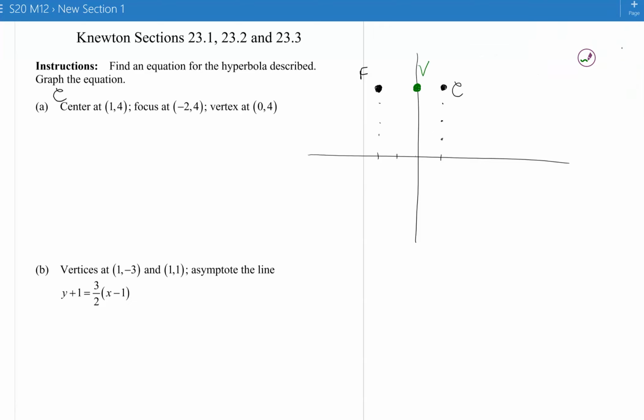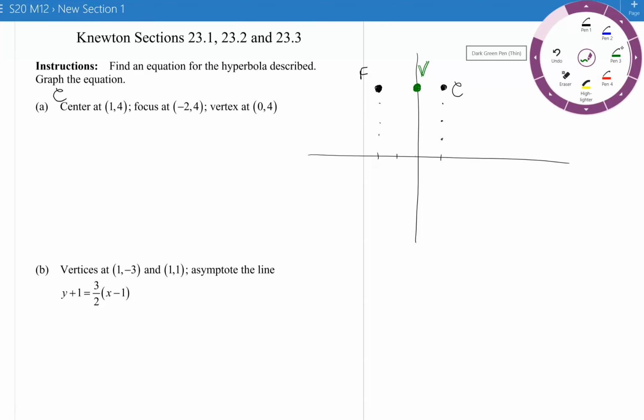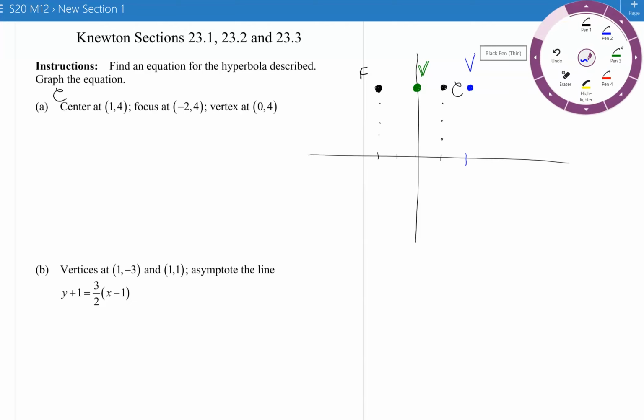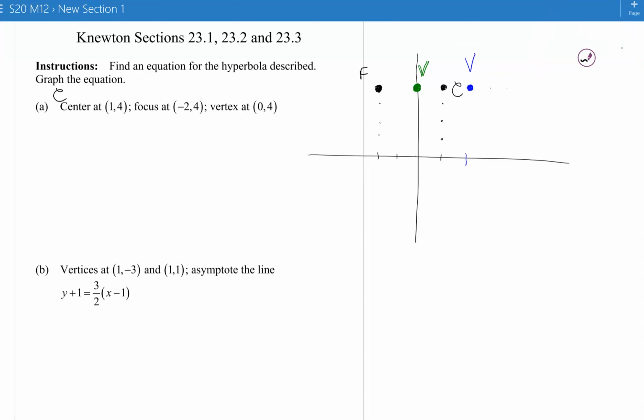So that's a vertex. So because of symmetry, we know we also have another vertex at 2, 4. And we know we have another focus at 4, 4.